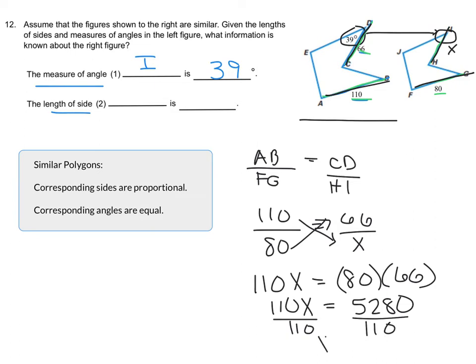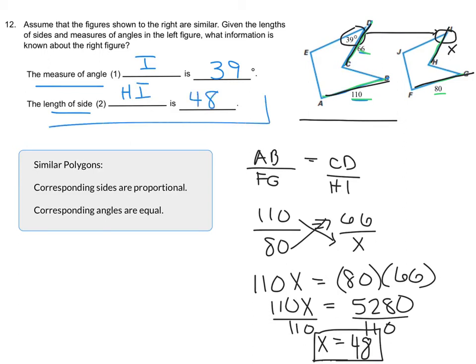And we get X equals 5,280 divided by 110, which is 48. So I can complete the second sentence up top, which says the length of side HI is 48. And these are my two answers to the problem.